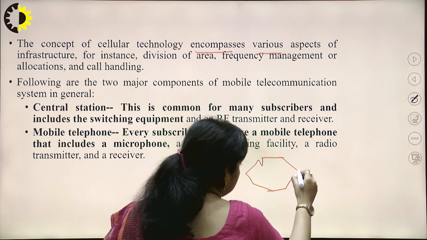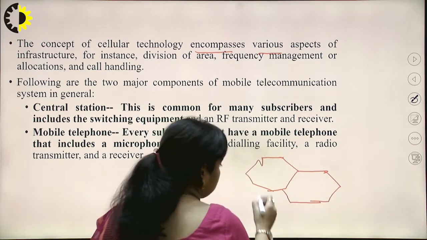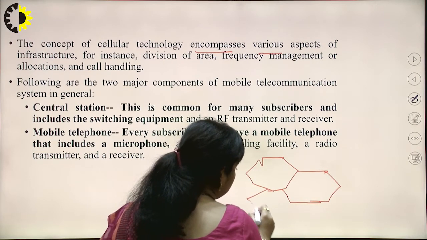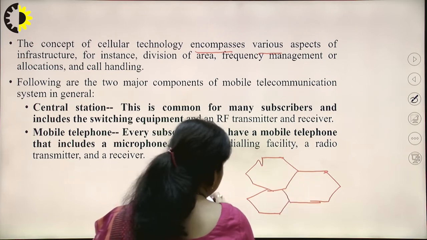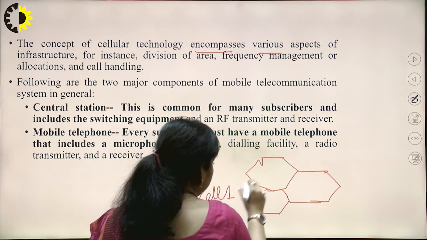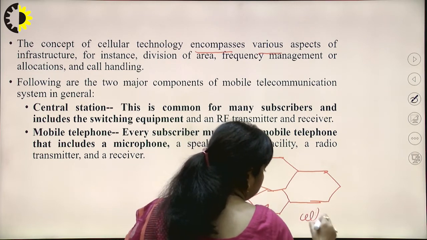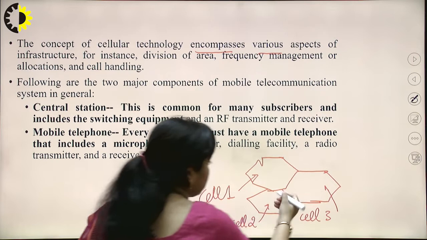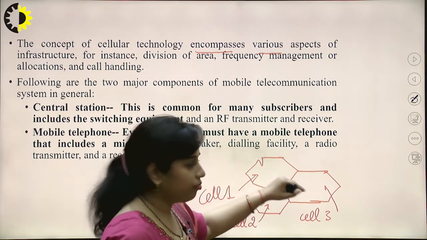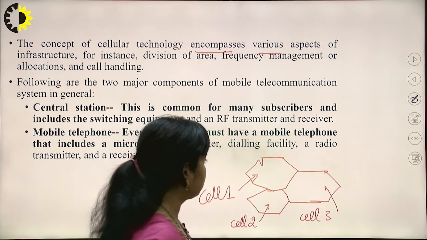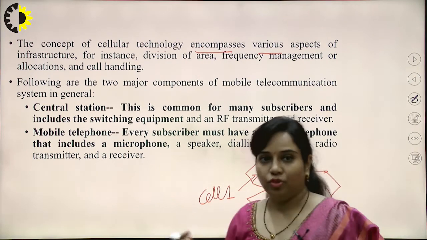These cells have the shape of a hexagon, and these hexagons are connected together. Here we can see three cells: cell 1, cell 2 and cell 3. This is the division of a particular geographical area.